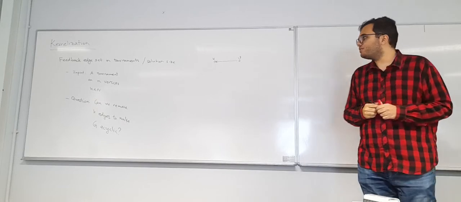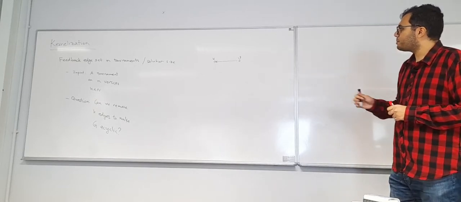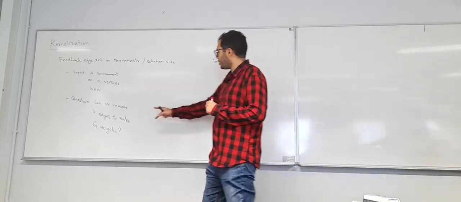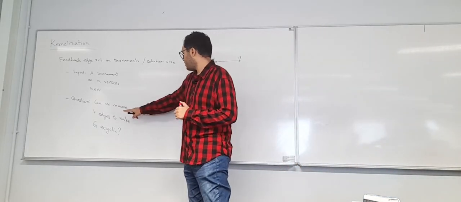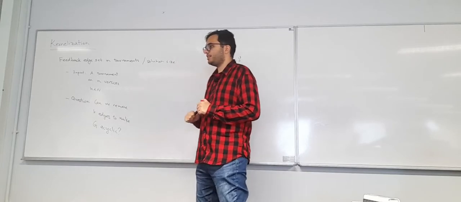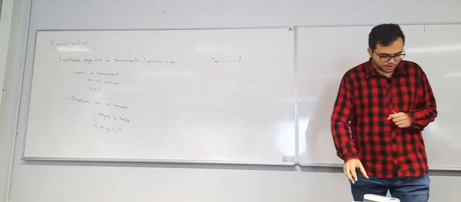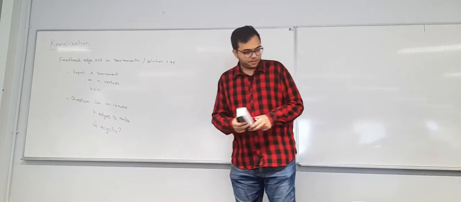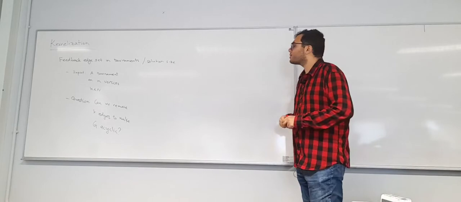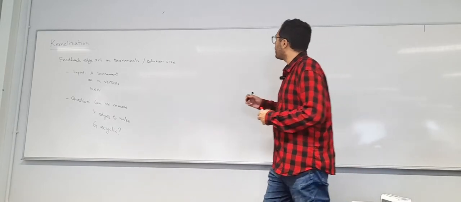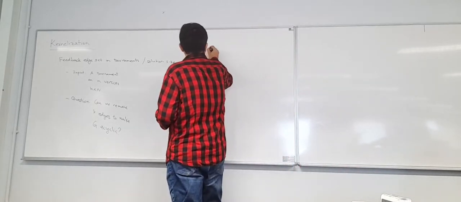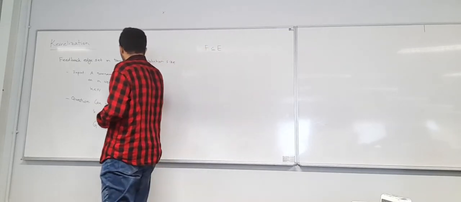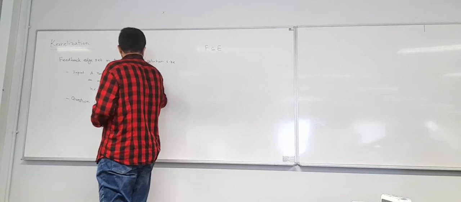So if I can prove that this doesn't really change my problem, then I can change my question to, can we reverse k edges to make G acyclic? But first of all, why are these things equivalent? Okay. So I have to define some notation so that I can talk about this. So let's say F is a subset of the edges of my graph. So, okay, my graph was VE.